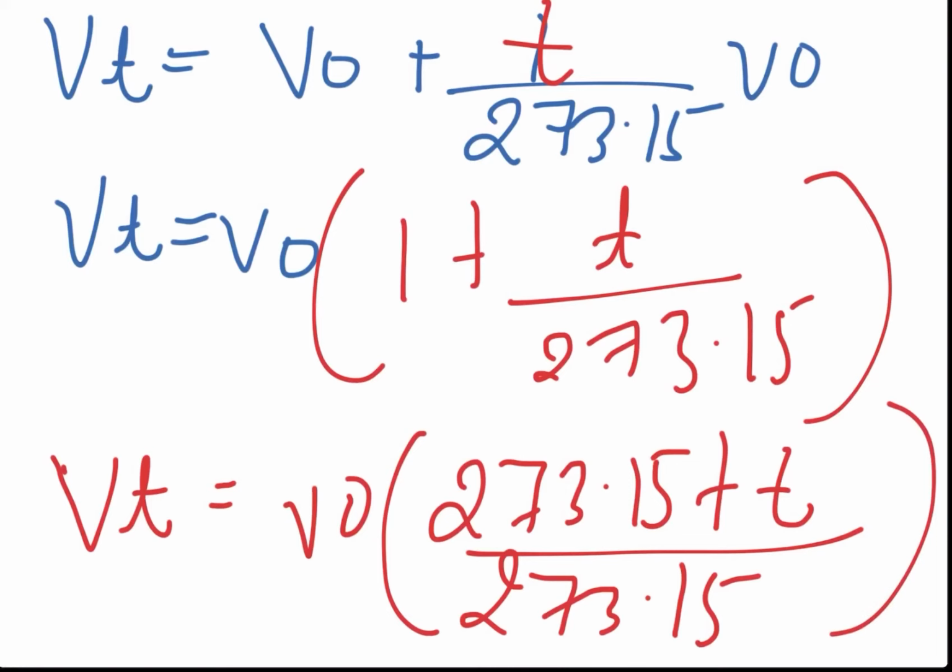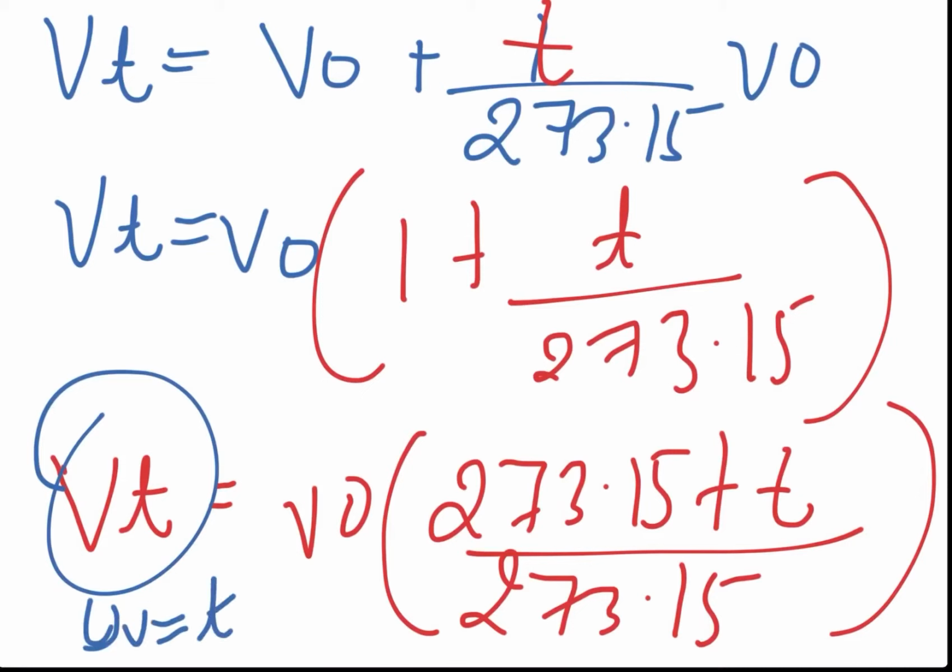And what is Vt? The volume at any temperature T is the initial volume multiplied by this factor, and this factor is the rise in the volume at that temperature. This gives me my Charles law.